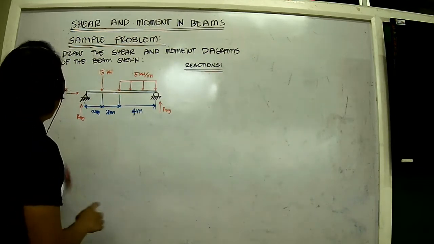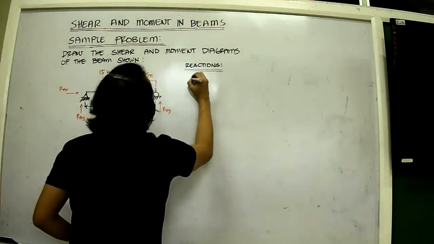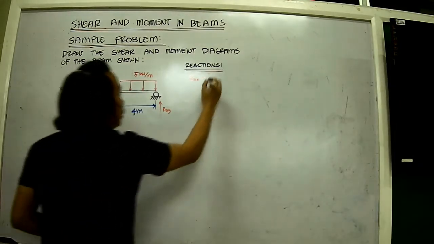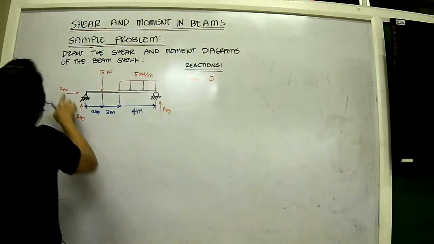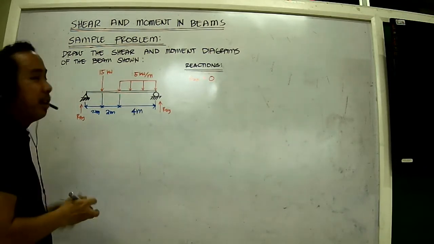It's quite obvious that RAX is equal to 0. There are no horizontal forces, so automatically it is 0.